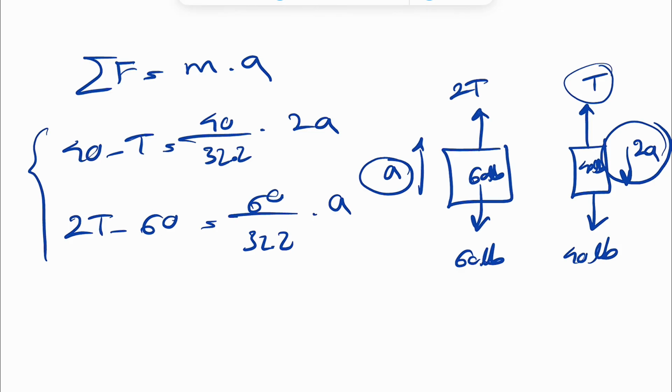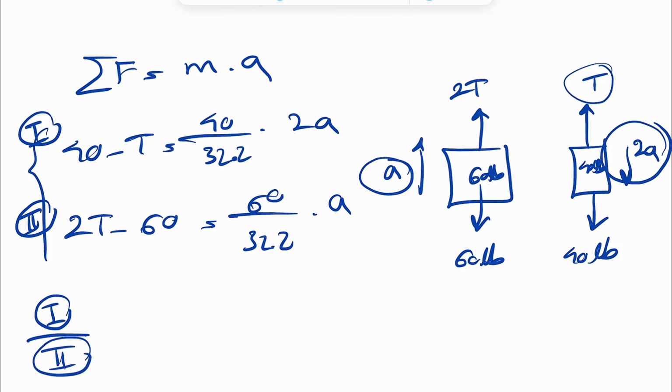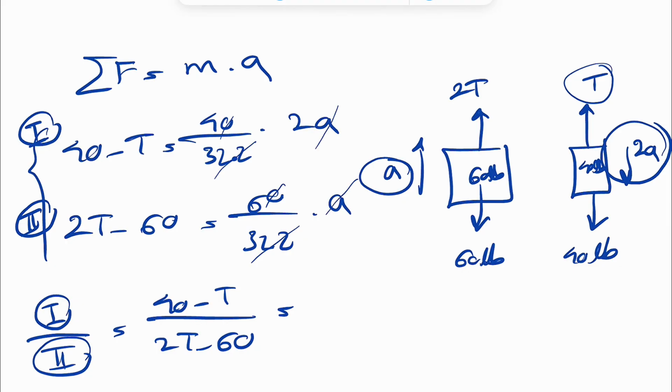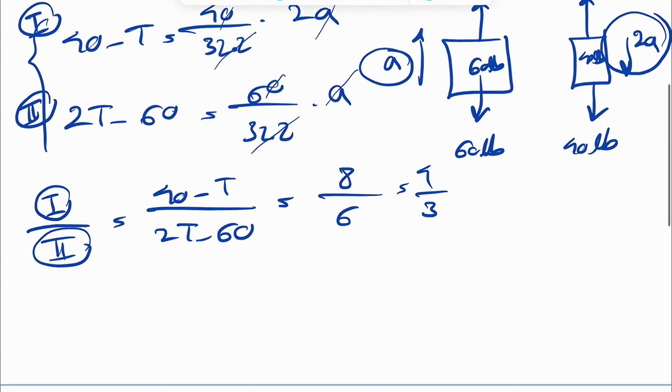So now we have two equations. The simplest way to solve these is if we just divide the first equation by the second one. On the left side we have (40 minus T) over (2T minus 60), and on the right side we can cancel out the denominators. We can cancel out the zero, and we can see the a will be canceled out too, so 4 times 2 is going to be 8 over 6, or 4 over 3.